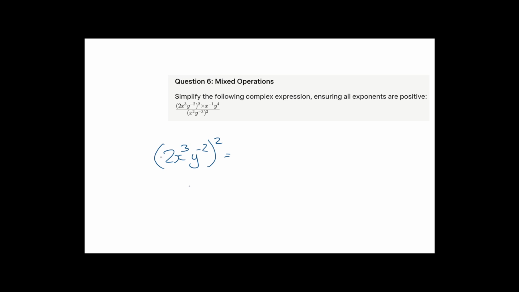So it's going to be 4, the coefficient has to be squared first. x, now when we're raising it to a power, we multiply, x to the power of 6. y, minus 2 times 2 is minus 4.